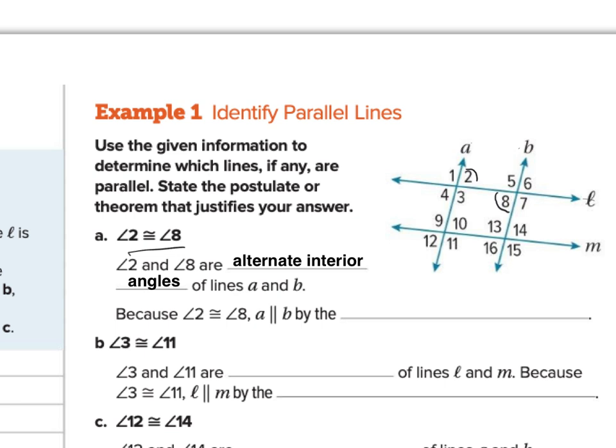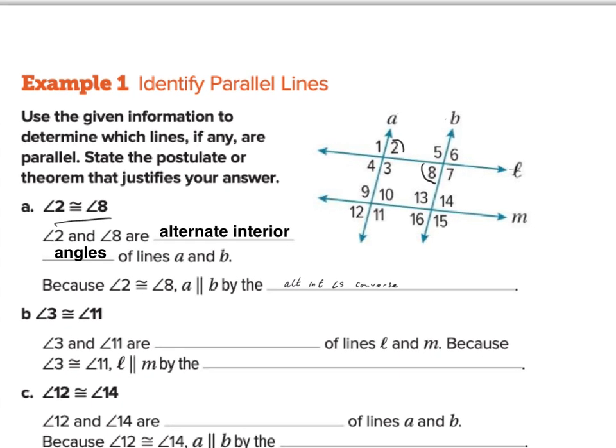If they are congruent, then the two lines are parallel, and this is simply by the alternate interior angles converse. Okay, so that's all they're saying. And we're not going to have to define this, but we're just trying to understand those definitions and theorems and think about how we can use them.